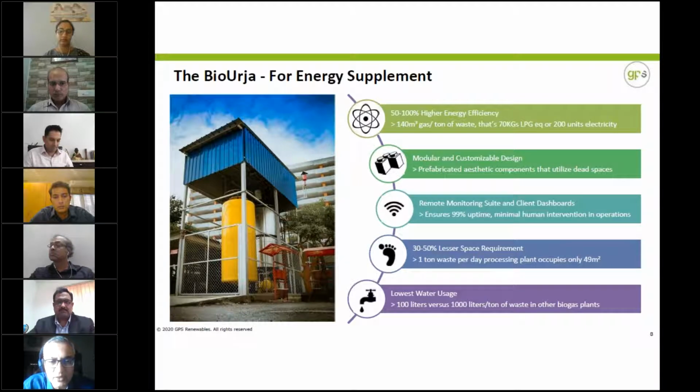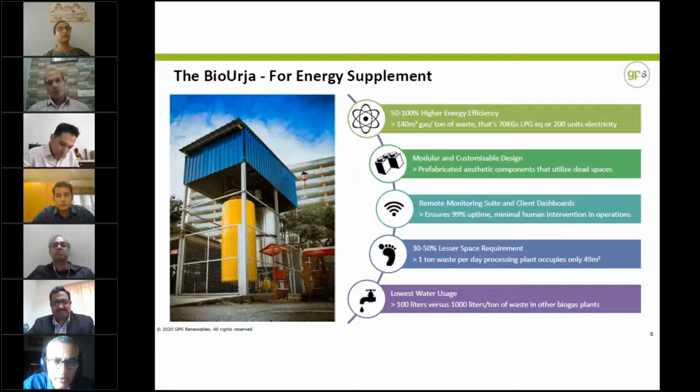A few numbers that I talk about here: if you have 1,000 kilos of waste that is processed, which is a regulated requirement, from the Bio-Urja, what you get out is an equivalent biogas quantum which can replace 70 kilos of LPG, which is 5 domestic cylinders. That is on the fuel replacement side.